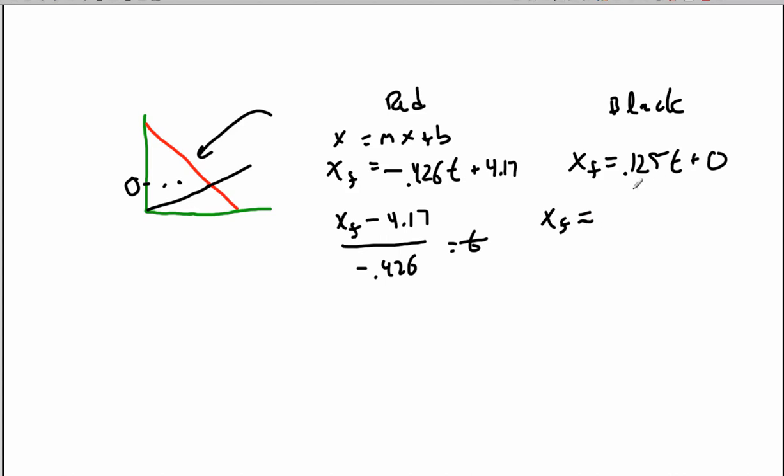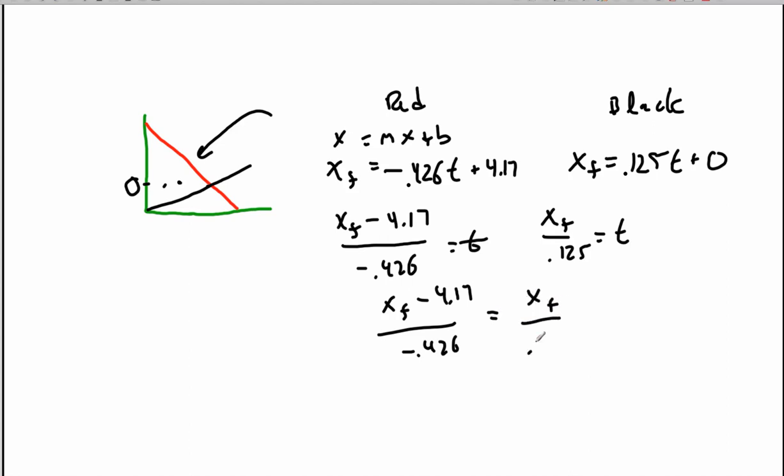So we will have x sub f over 0.125 equals t. And because both those things equal t, we can set them equal to each other. x sub f minus 4.17 over negative 0.426 equals x sub f over 0.125.